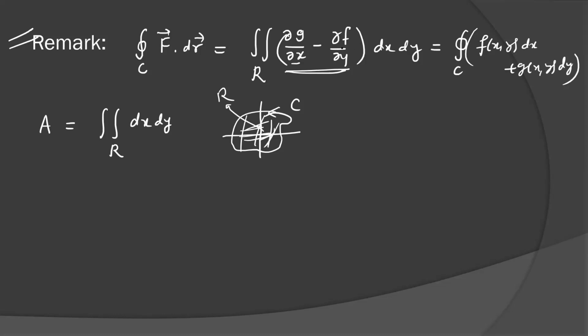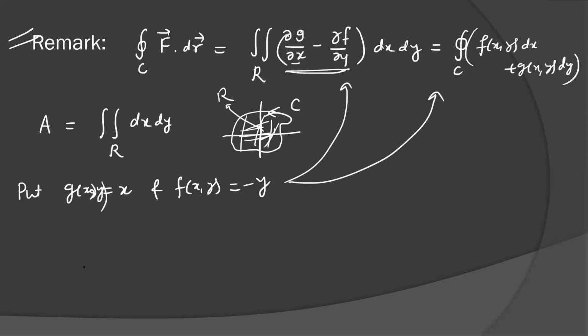If we put g(x,y) equal to x and f(x,y) equal to minus y, then this value will be a constant and we can send it to the right hand side. It will become del g by del x is 1, del f by del y with minus y becomes plus 1, so 2 dx dy.